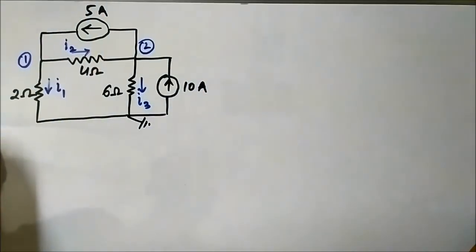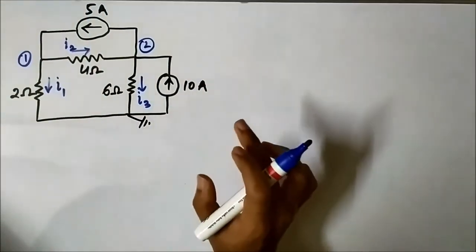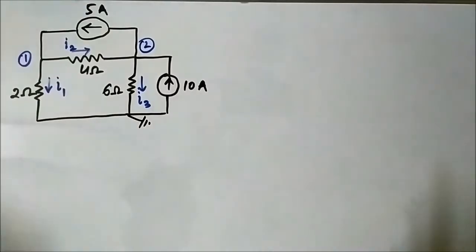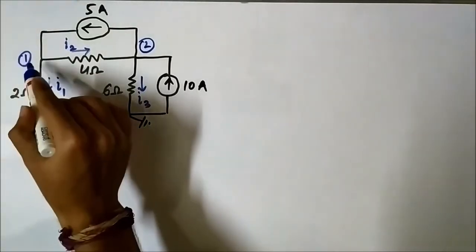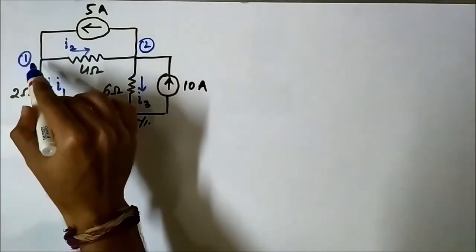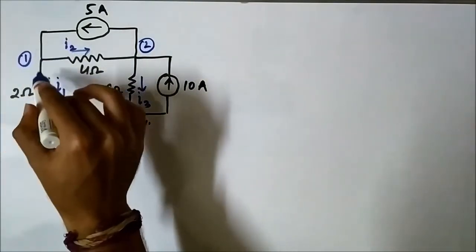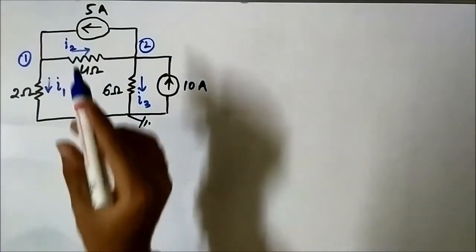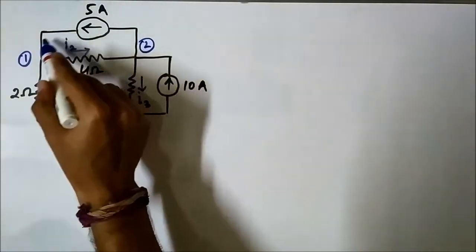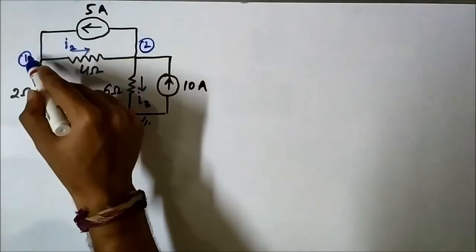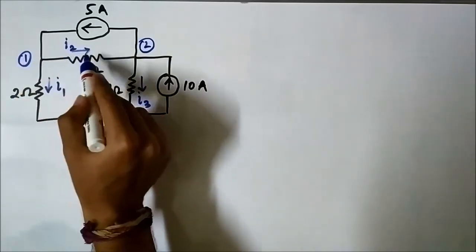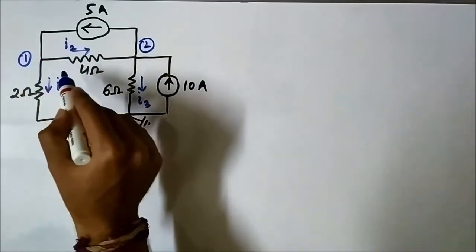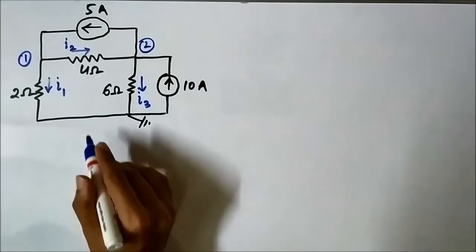Okay, this is I3. Now let us apply nodal equation, means KCL, at this node 1. So here you can see 5 ampere is moving towards the node 1, while I2 and I1 they are moving away from the node.